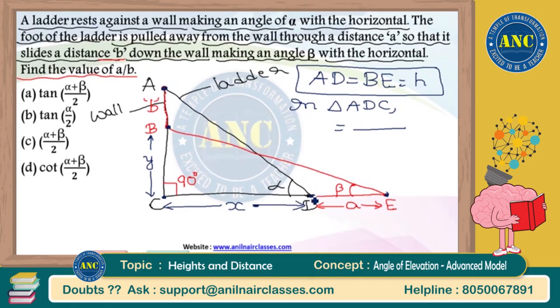This AD value, do you know that? Yes, I called it H. AD value I know. That means the hypotenuse value I definitely know in this. So I will definitely make use of the hypotenuse side. Any other thing you know is the other side also, opposite of this alpha.